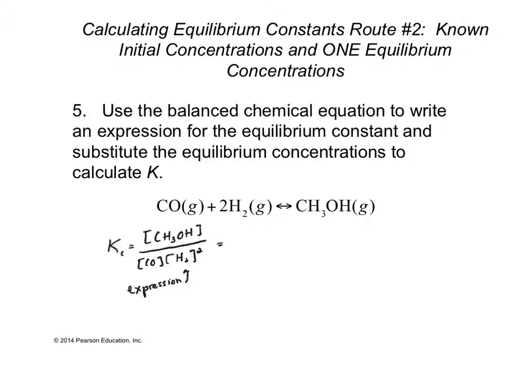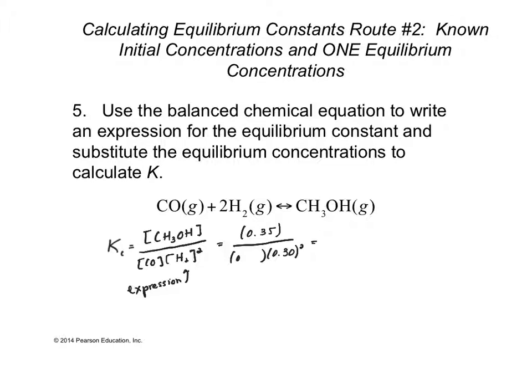So now we're going to go ahead and plug in those values. So for methanol, we had 0.35. For CO, we also have, oh, no, that wasn't 0.35. This guy was wrong, sorry.